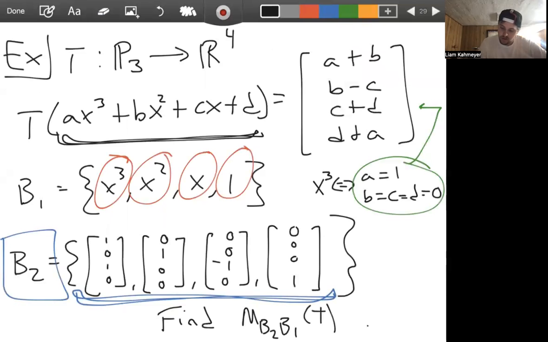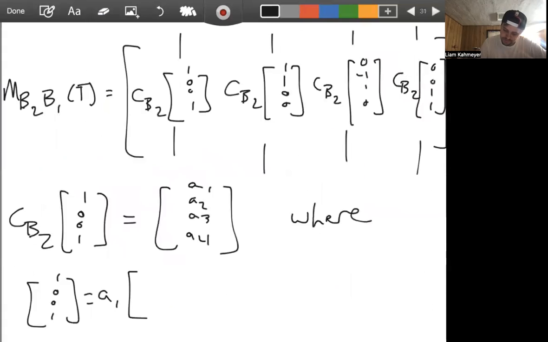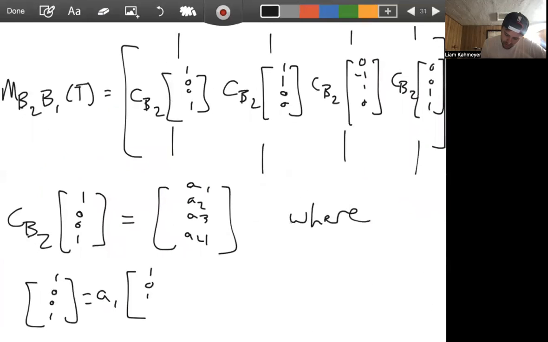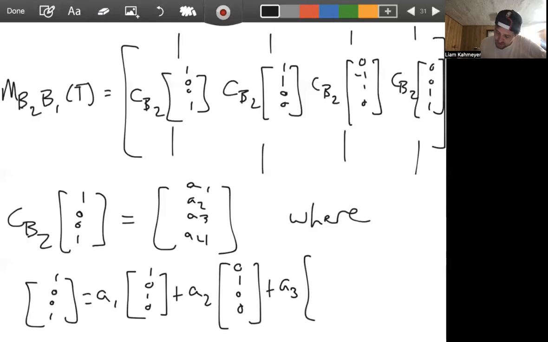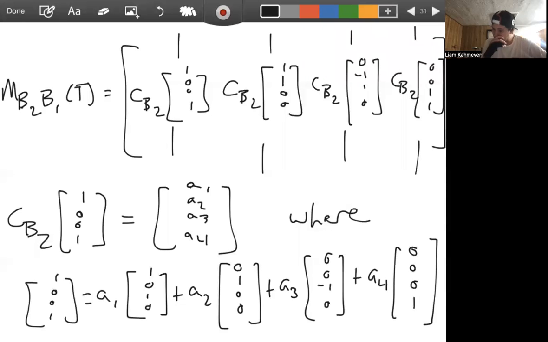You can see what they all are. The first one is (1, 0, 1, 0), plus A2 times the second element of B2, (0, 1, 0, 0), plus A3 times the third basis element of B2, (0, 0, -1, 0), plus A4 times (0, 0, 0, 1).